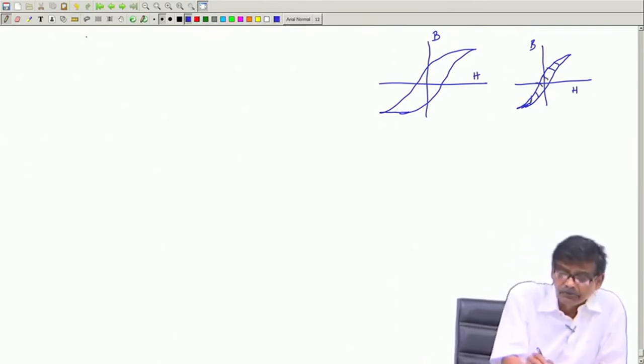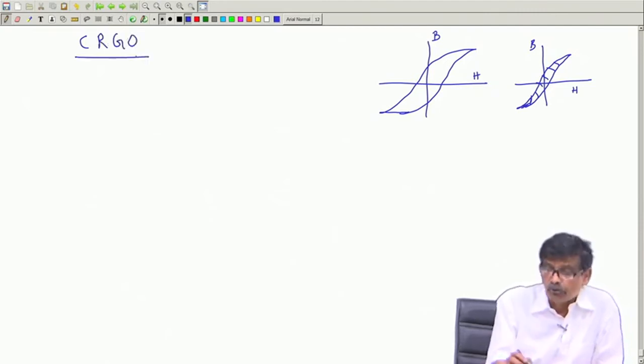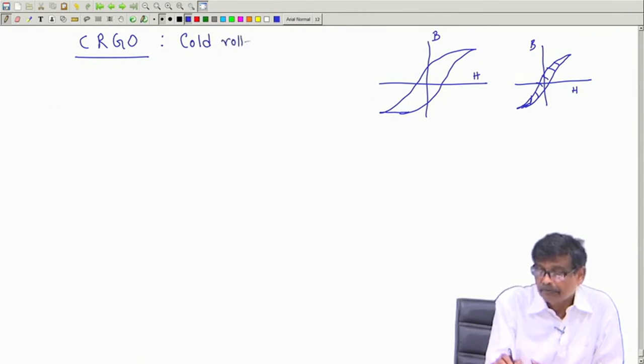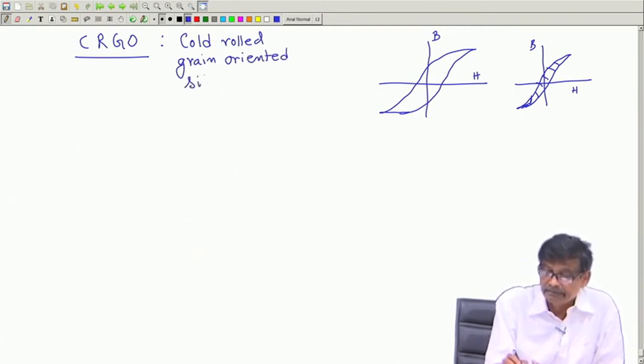The material used to reduce hysteresis loss is CRGO, cold rolled grain oriented silicon steel.